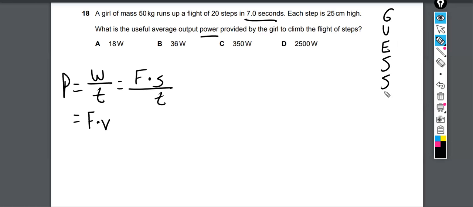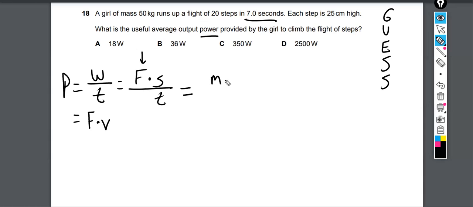Guess the answer. So 7 seconds is given. Okay, 50 kilograms is given. That's a mass. Is that the force? How do we calculate the force? Does anybody know? Yeah, it's going to be the weight, right? For the horsepower lab, the force that you have to apply to lift yourself up a flight of stairs is your weight. We know the relationship between mass and weight, hopefully.